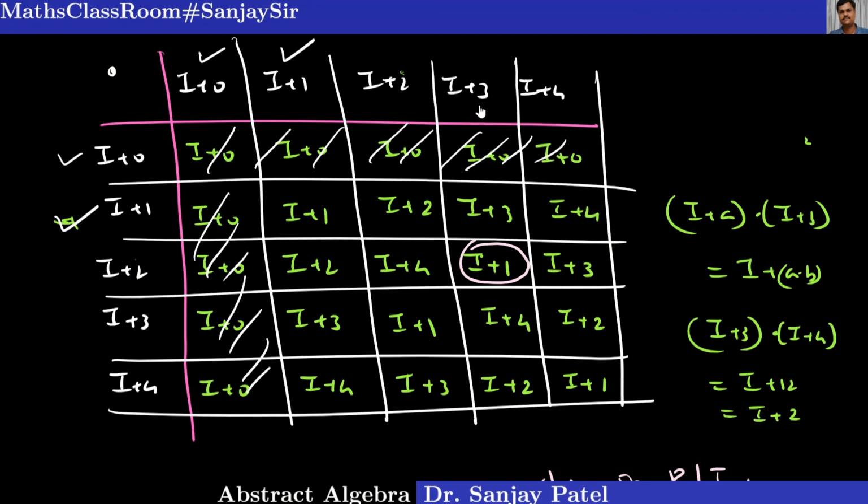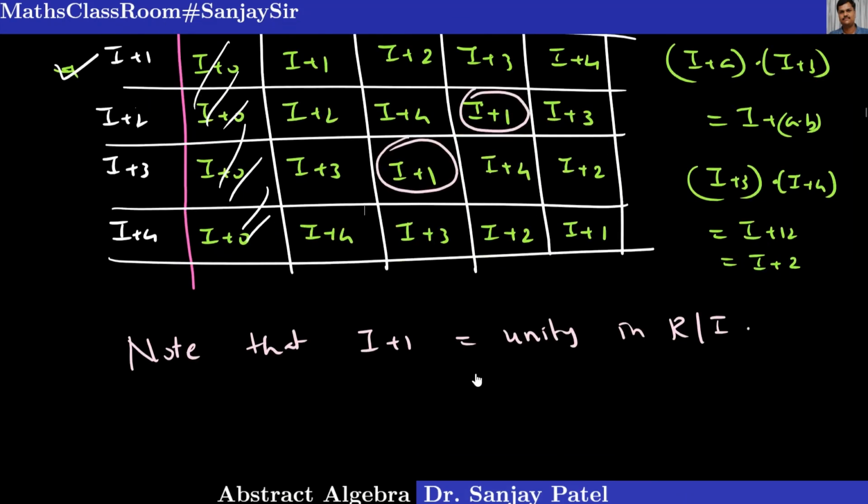So the inverse of I plus 2 is I plus 3, because you can check the other way also, that I plus 2 into I plus 3 is I plus 1, and I plus 3 into I plus 2 is also I plus 1.